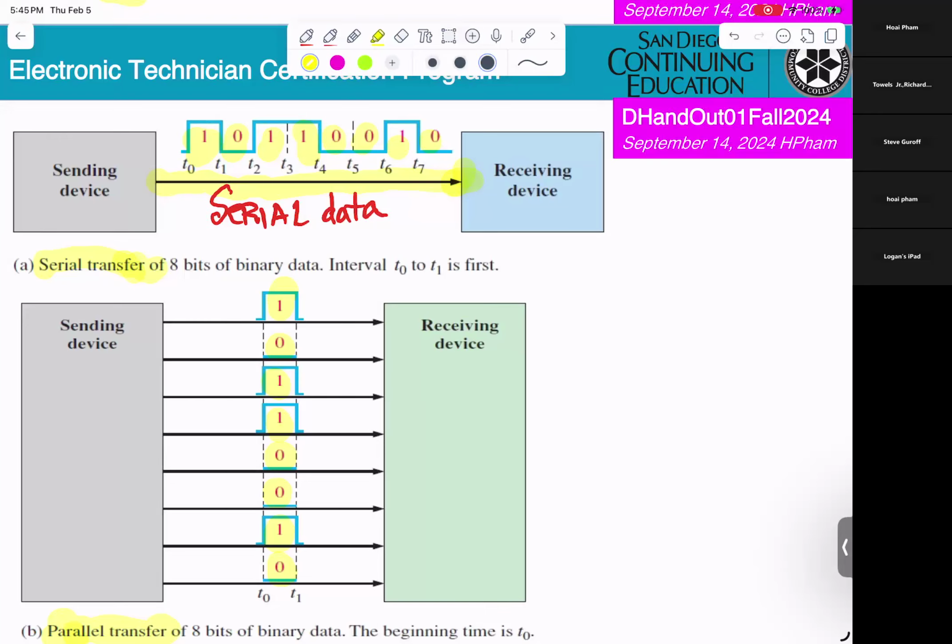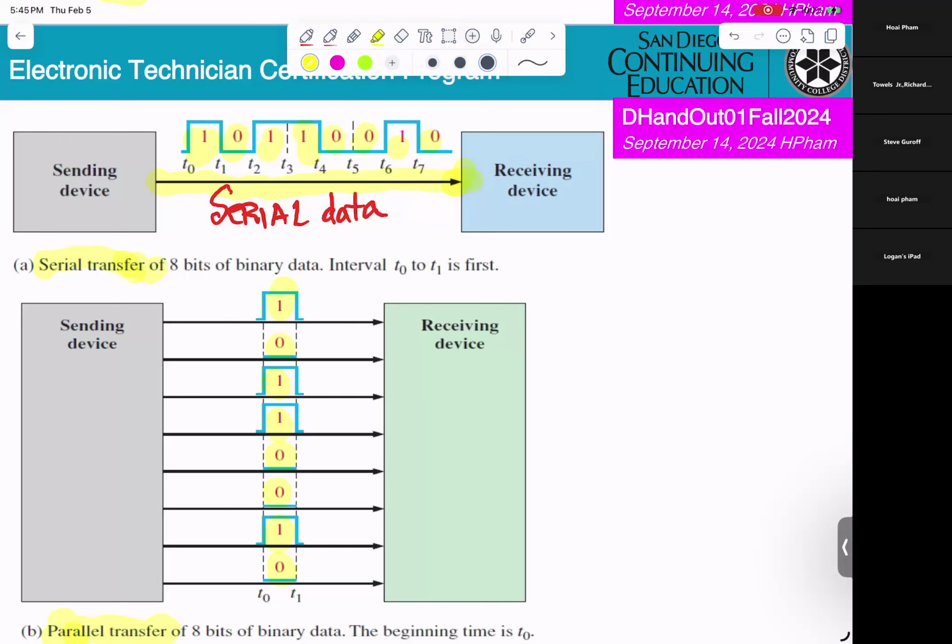If you have only one wire to transmit the data, it must be serial. However, when it goes up to the computer, that serial must be converted to parallel data. That device they call a serial data converter. You will learn it in this course, okay?